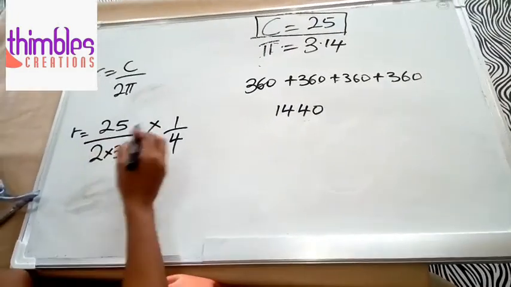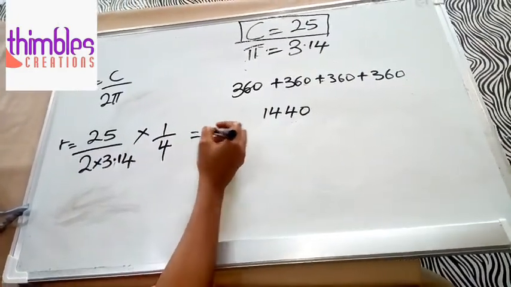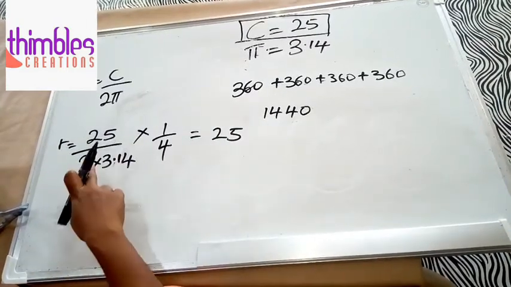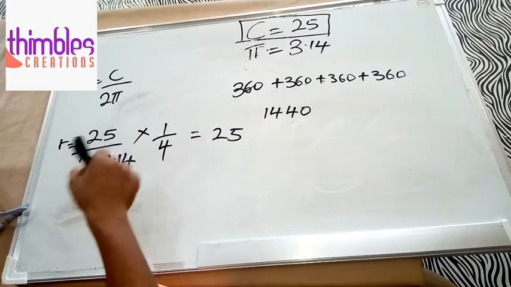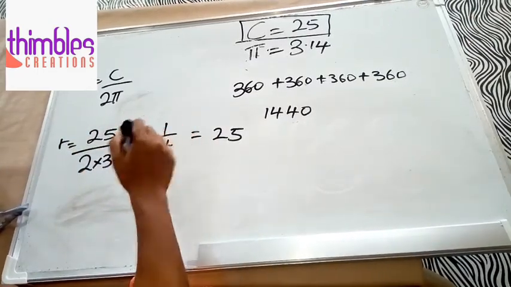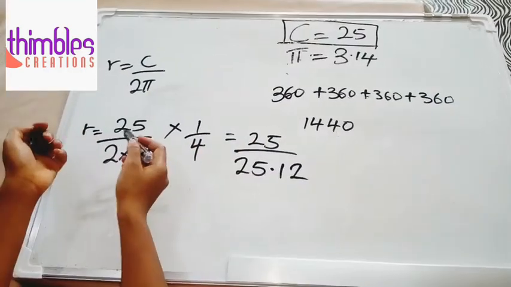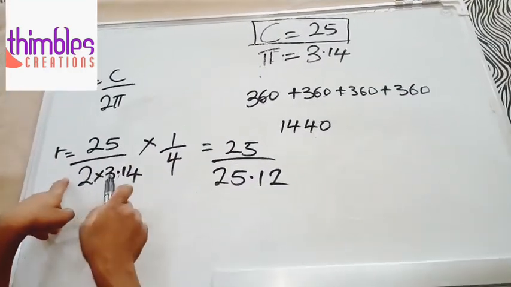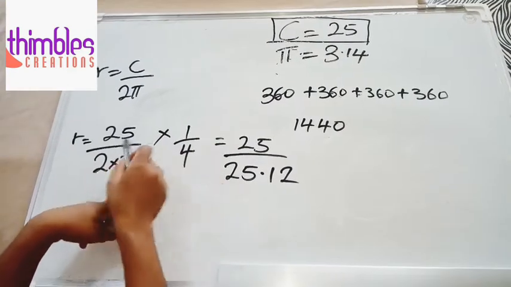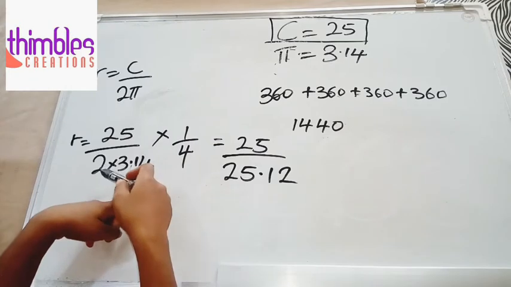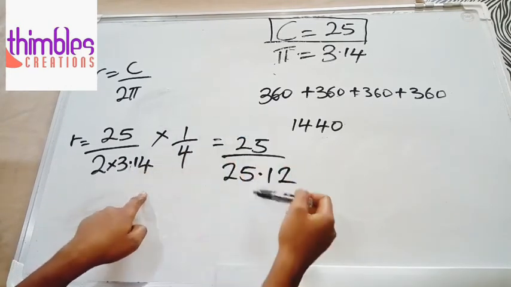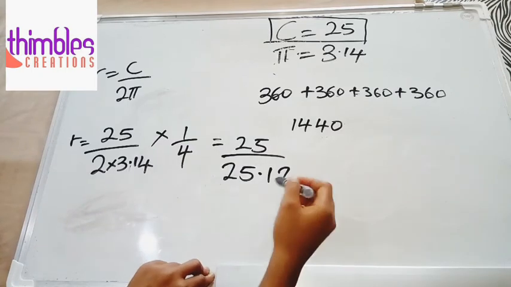So 25 times 1 gives us 25, while 2 times 3.14 gives us 6.28. 6.28 times 4 gives us 25.12.